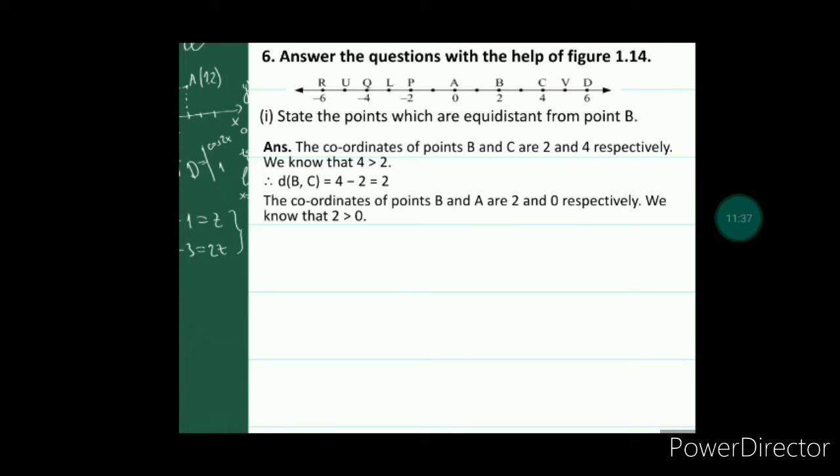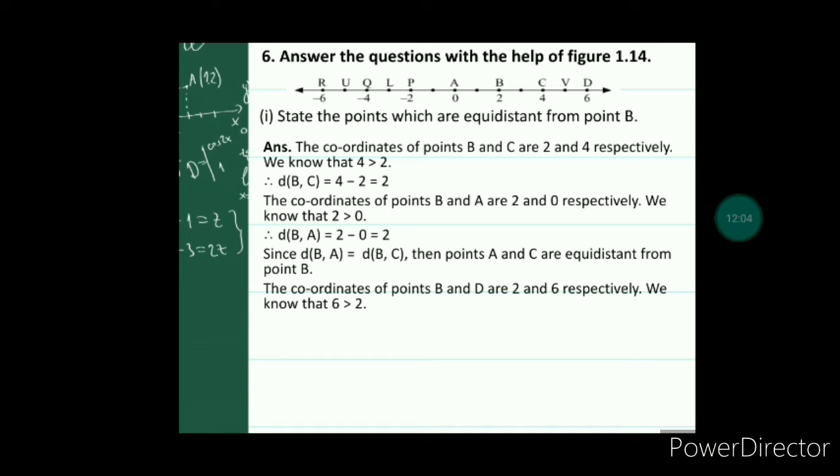The coordinates of points B and A are 2 and 0 respectively. We know that 2 is greater than 0. Therefore, distance BA equals 2 minus 0, which is 2. Since distance BA equals distance BC, points A and C are equidistant from point B.